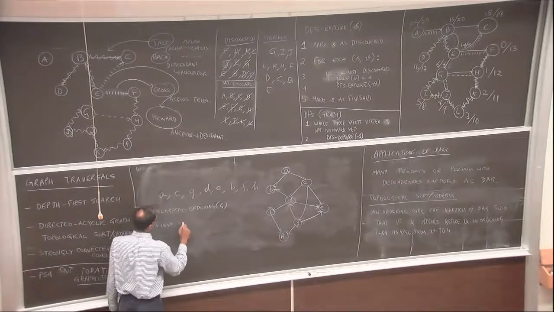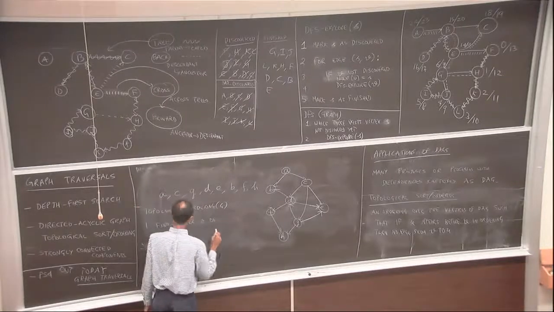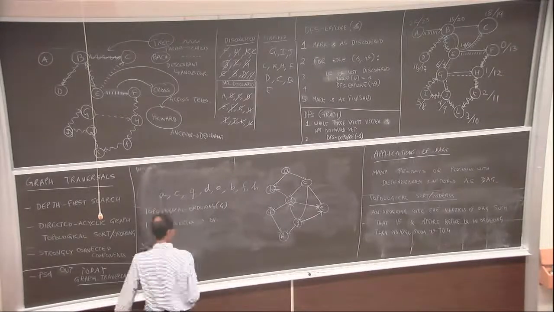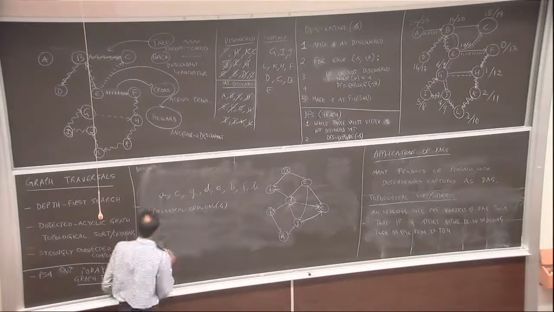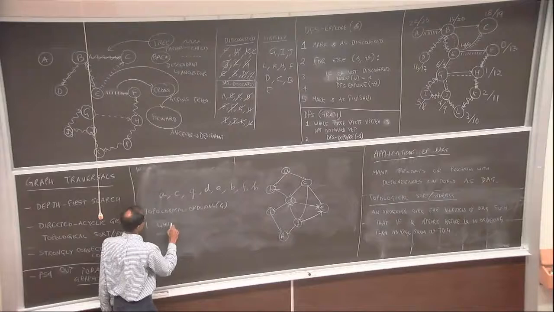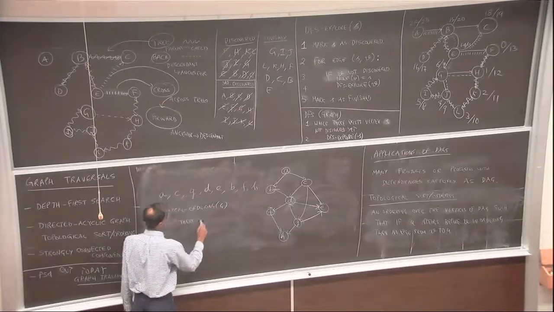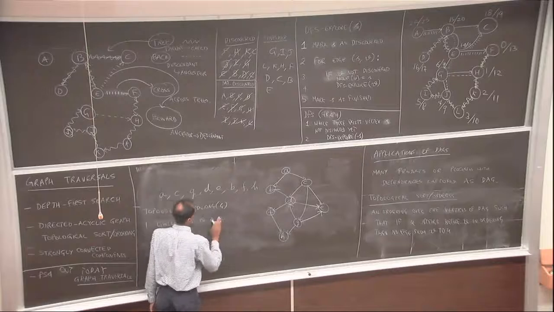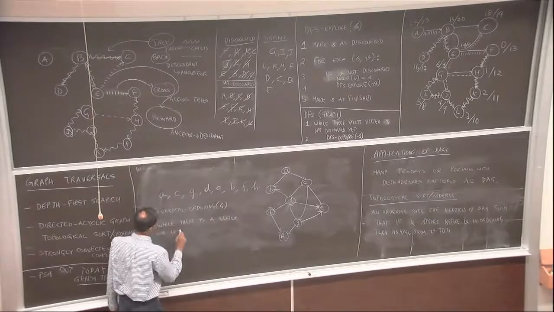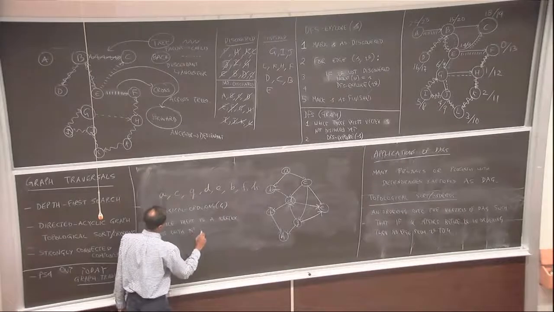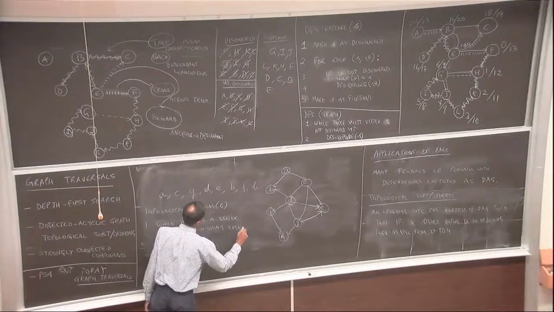So here is the topological ordering algorithm. While there is a vertex S with no incoming edge, what do you do?